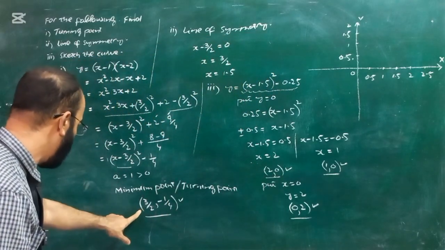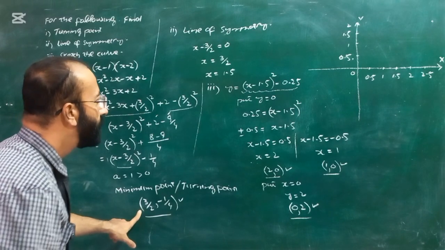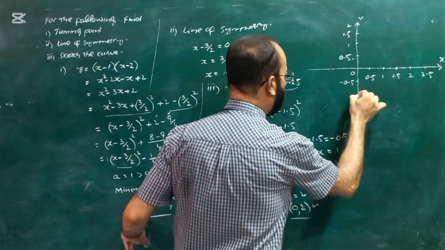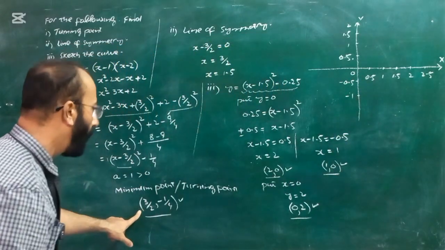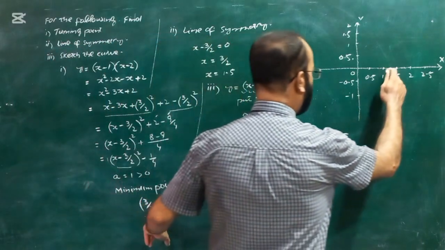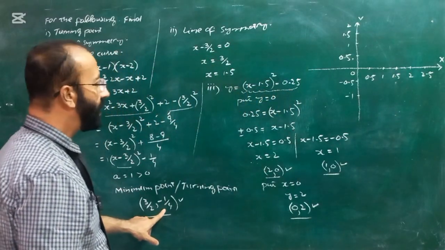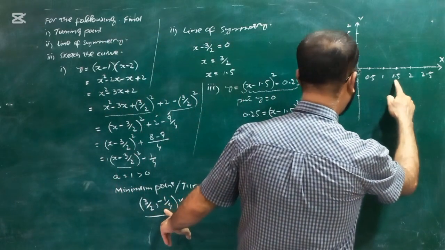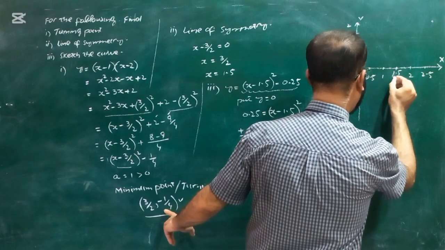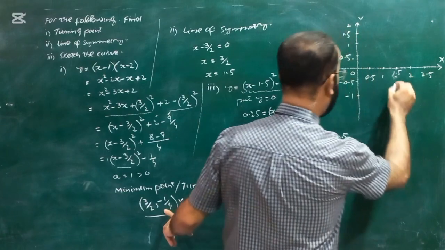Now we are going to plot the points. The first one is 1.5 and minus 0.25. From here, this is minus 0.5, minus 1. Here is 1.5 and this y coordinate is minus 0.25. So 1.5 is here and minus 0.25 will be halfway. So this is the first point.